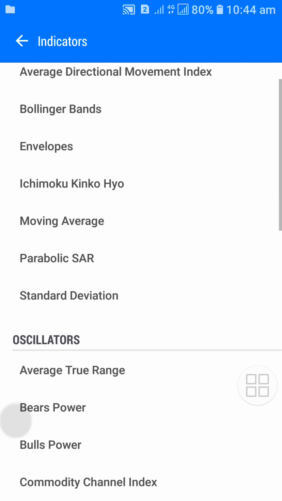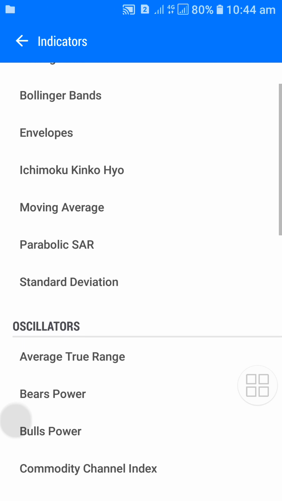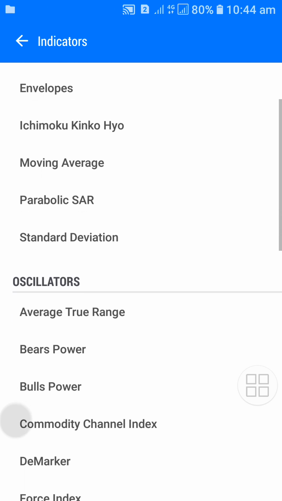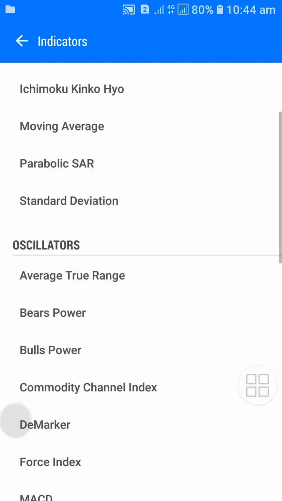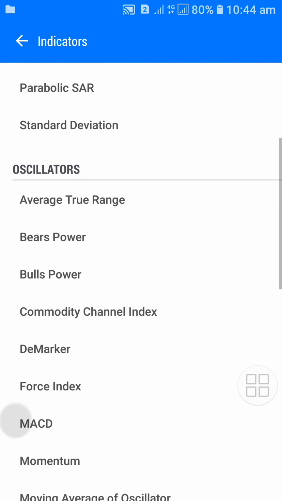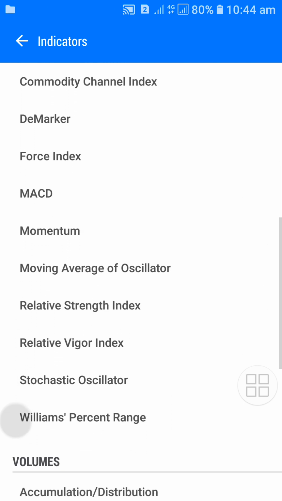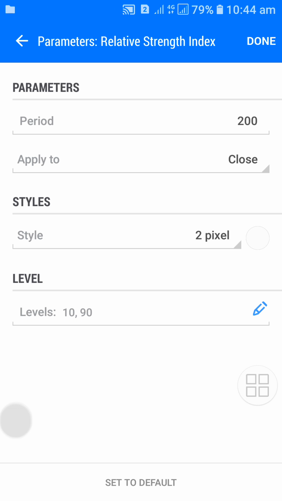Again, the first indicator I'll be adding here is the relative strength index, which is here. So these are the parameters I am going to be using in this one. The period is 200 and apply to close. The size, I'm using ISO 2 because I don't want the line, I don't want anything.